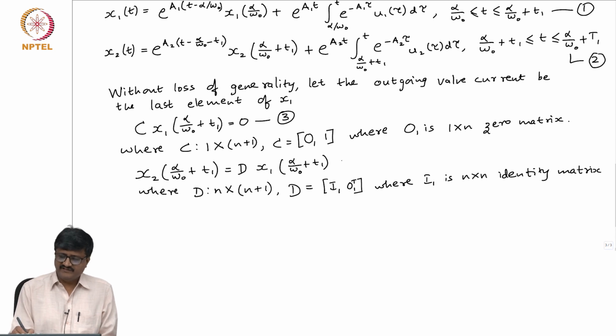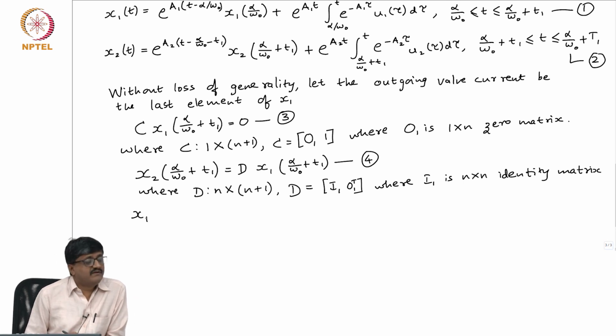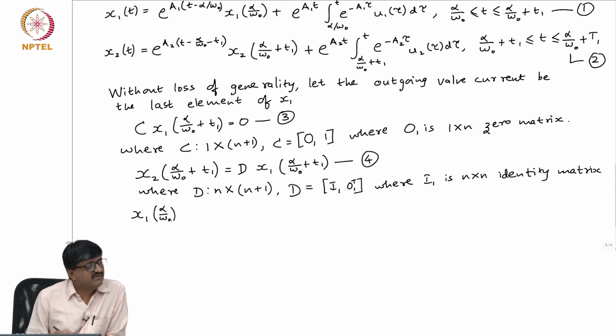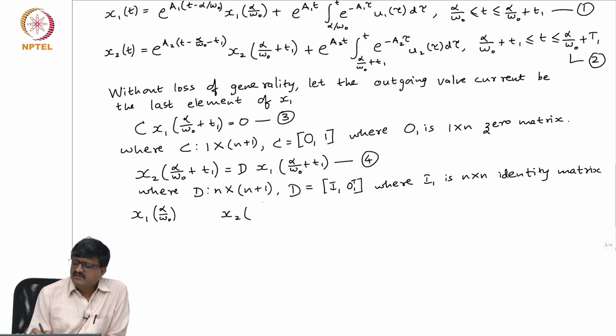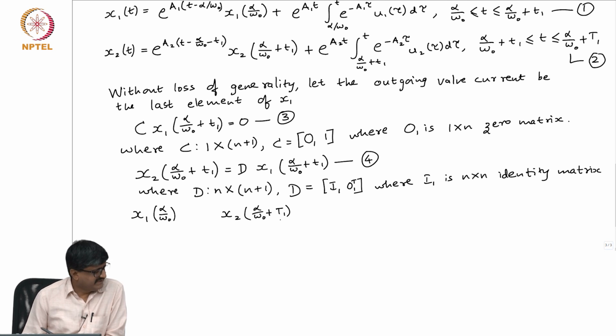Let me call this equation number 4. If I take the first subinterval, it starts at alpha by omega O, the value of x1 at alpha by omega O, and if I take x2 at alpha by omega O plus T1, the end of the second subinterval.